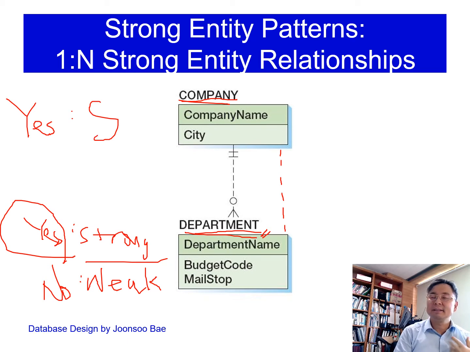Okay, so in this way you can decide every component in the ER diagram, entity and relationship and entity types also. In this way you can elaborate the ER diagram one by one.